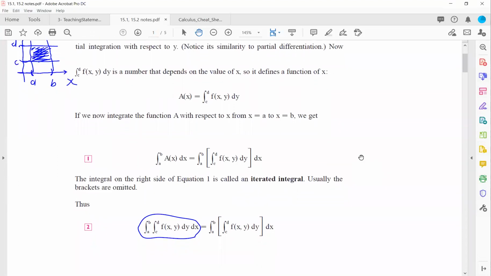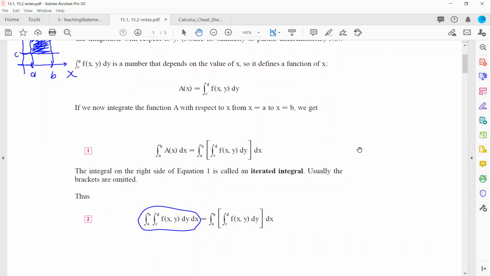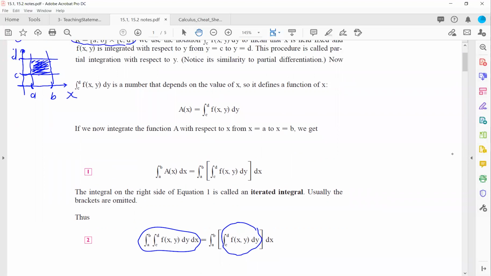As you can see, you can separate the integral by taking the integral with respect to one of the variables. Note that interval c to d is on y-axis. So you can take the integral with respect to variable y. You either have a function or a number. Then you take the outside integral with respect to the second variable, which in this case is x.